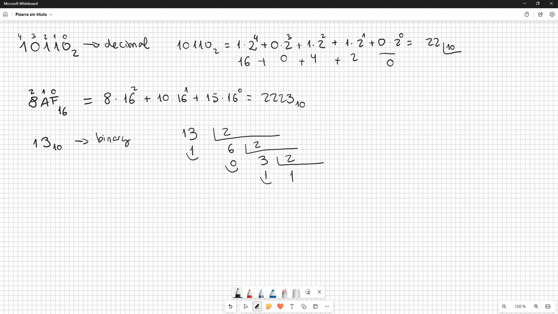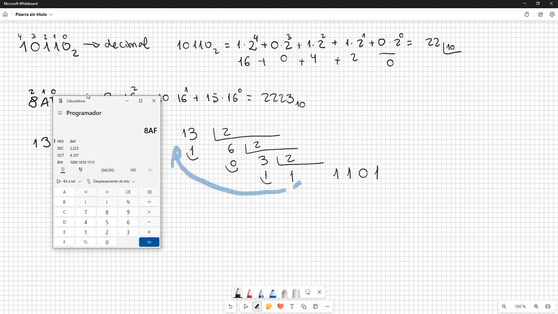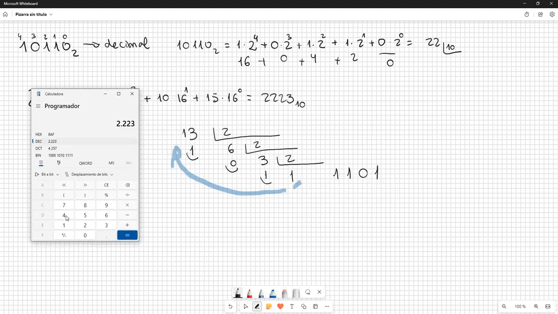We are going to start from the last quotient, and we are going to take the remainders in this direction. So our binary number is going to be 1, 1, 0, 1, okay? That is 1, 1, 0, 1. And you can check it in the calculator of Windows, 13 in the decimal base.